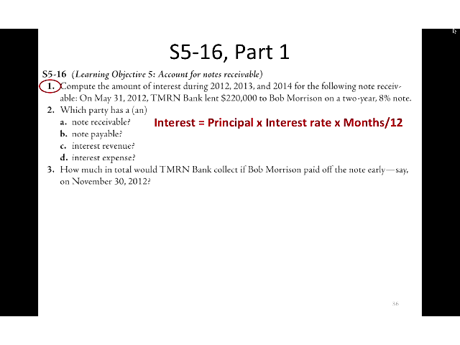On May 31st, 2012, the bank lent $220,000 to Bob on a 2-year 8% note. What I've got in red up there, the bold formula, interest equals principal times interest rate times the months divided by 12. That's what we're using, and that's what we used in that last problem.